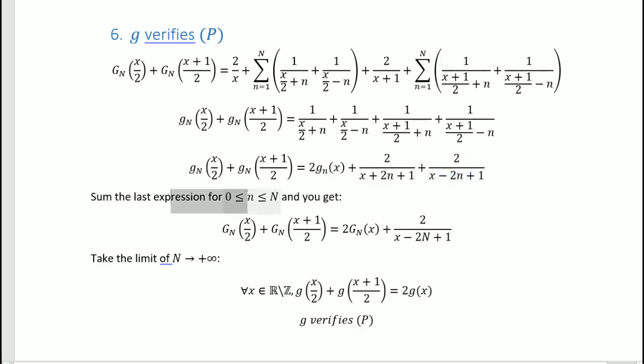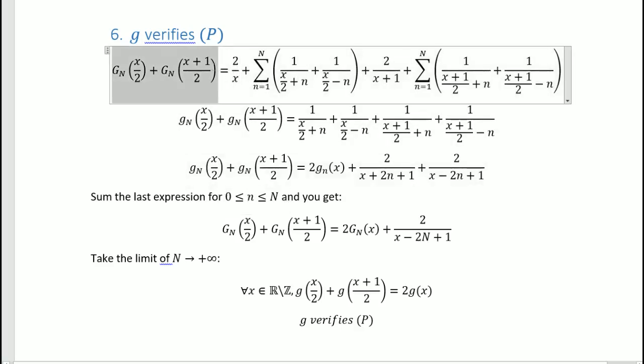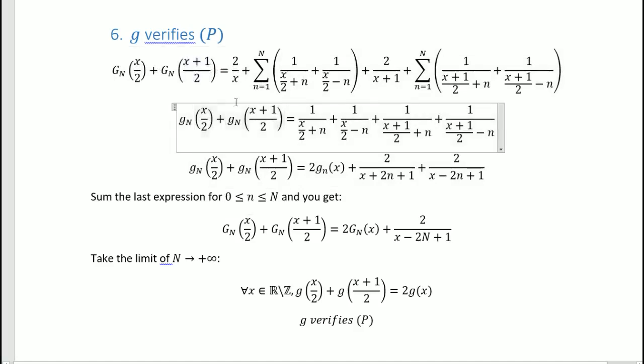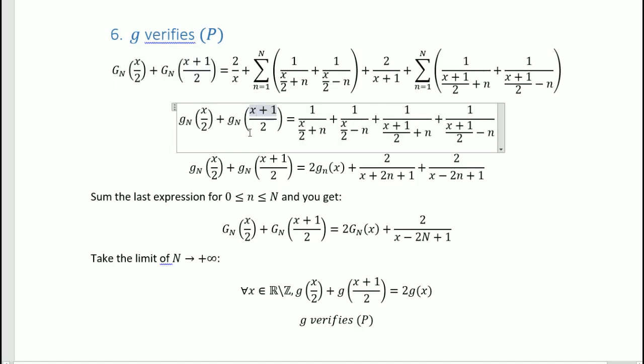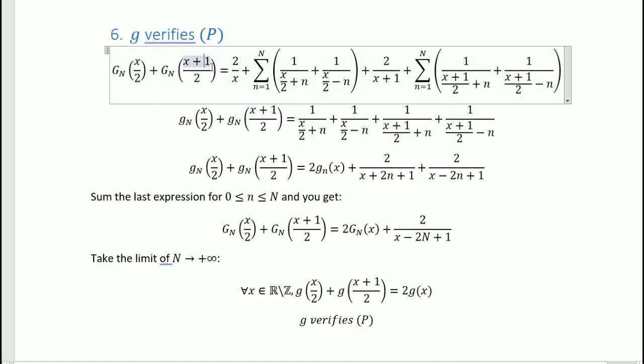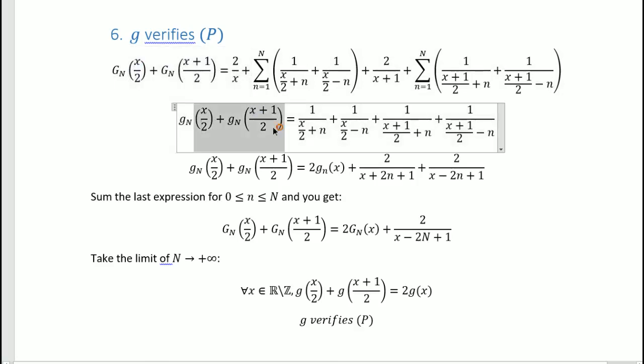So we sum this between... Oh wait, this is actually not the same expression as this, because this is big G_n and this is small g_n. This is the partial sum, and this is not the sum, this is just the regular small g.